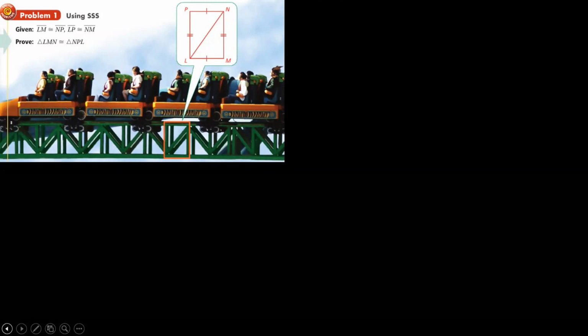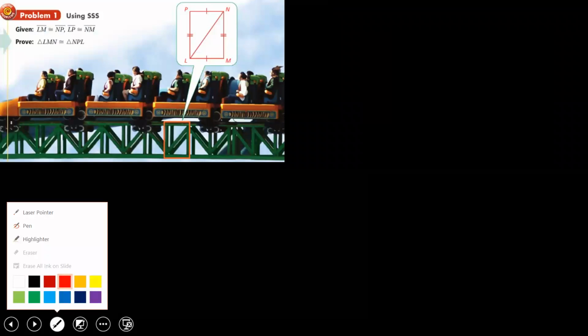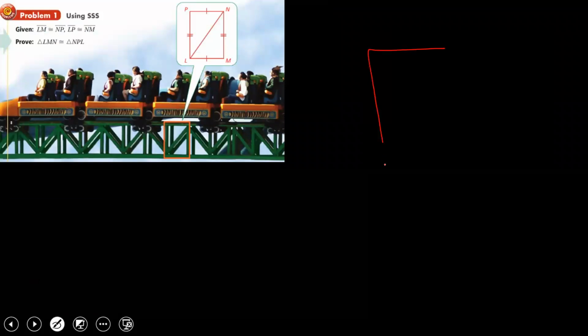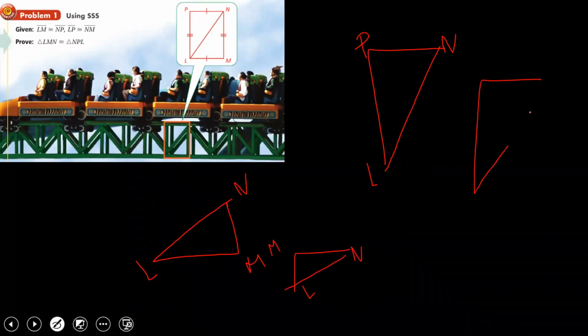So NL, NML, if you flip it, it will be MN, N, L. Put it here. Here we have M, N, L.